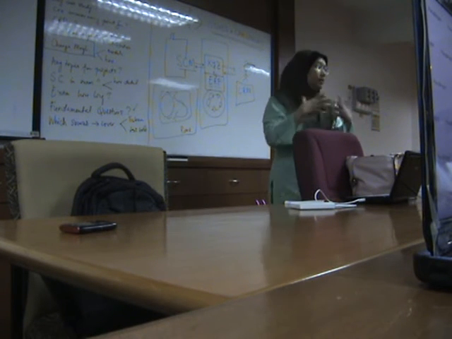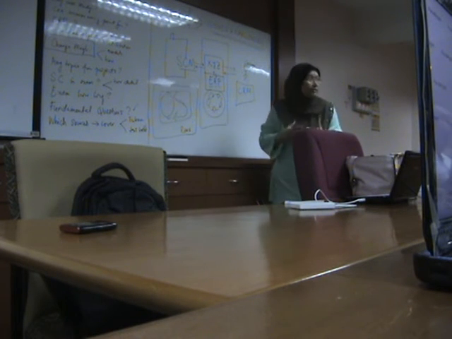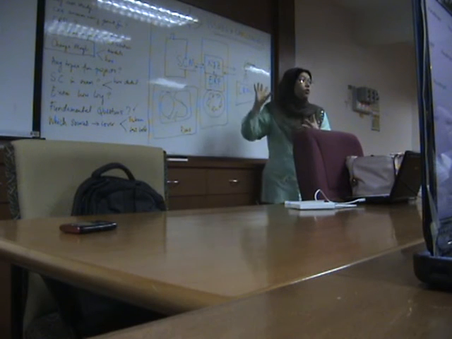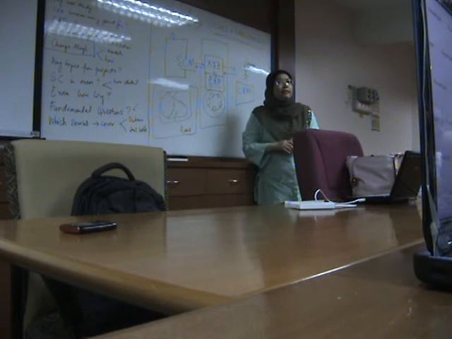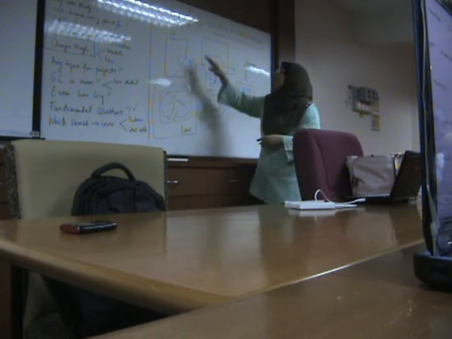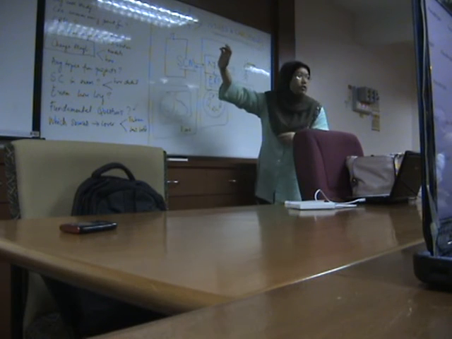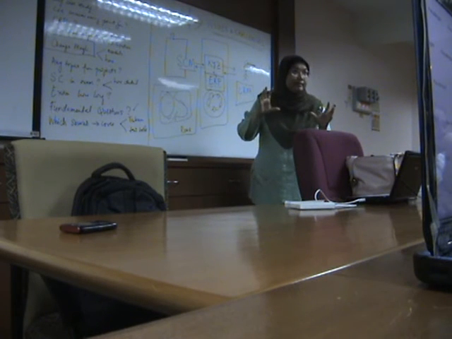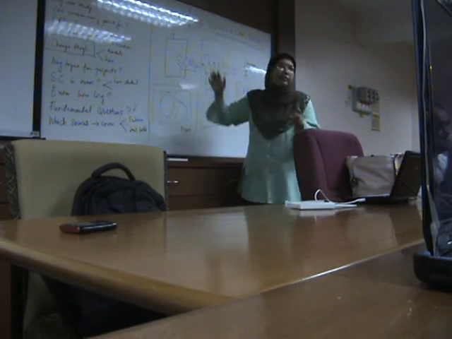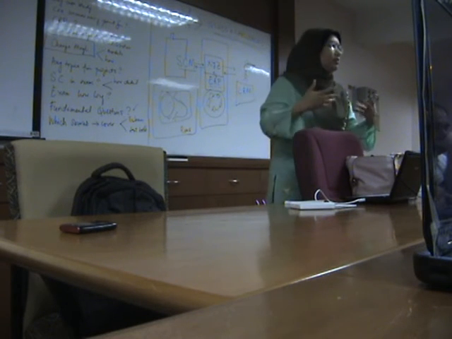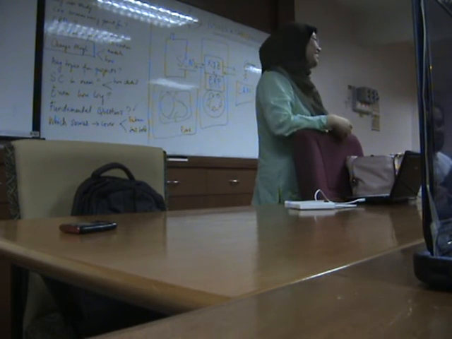Then that means as a CIO, you must understand the company's core business, and after that you look at all these issues and challenges: if you want to implement ICT, how are you going to go about implementing it?